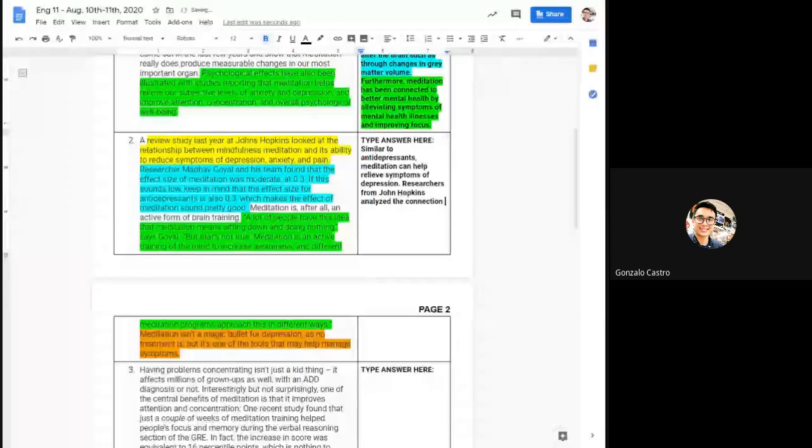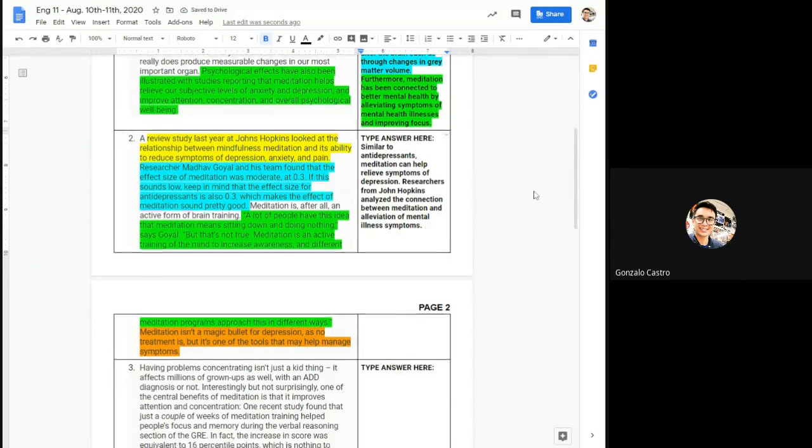So they analyze the connection between meditation and alleviation of mental illness symptoms.